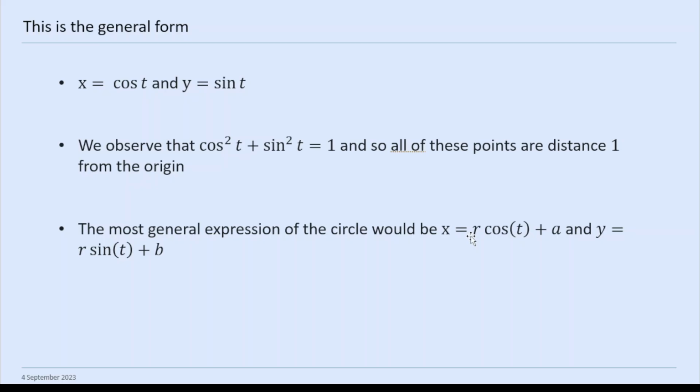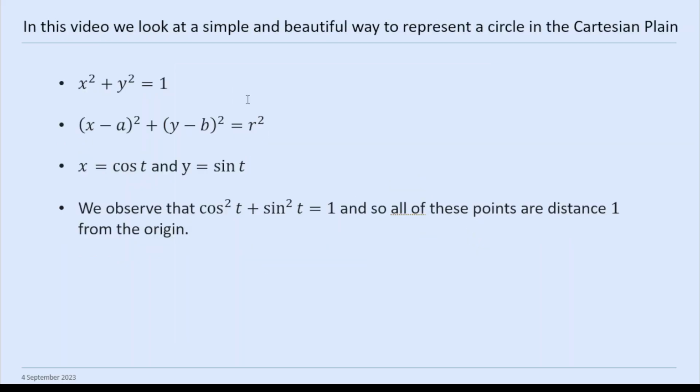In fact, if we were going to be really brave, and let's be brave, if we substituted x equals r cos t plus a and y equals r sine t plus b into this, then the a would cancel, so we'd get r cos t here, the b would cancel off, so we get r sine t here, and then that's squared, so you get r squared equals r squared, so it satisfies it. So it shows they're really the same equation, they're tracing out the same curves.